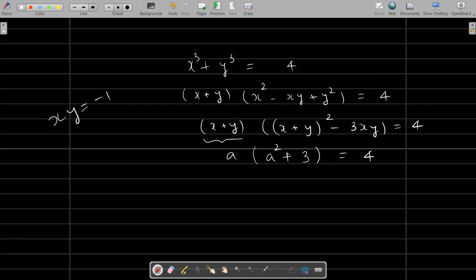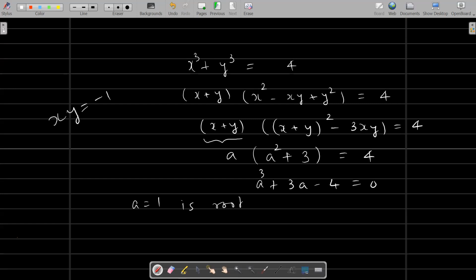So from here we can clearly see a equal to 1 is a root. But that will be one root, right? So for the other two roots, we can divide by a minus 1. So it's a cubic then: a cube plus 3a minus 4 is 0, and you see a equal to 1 is clearly a root just by inspection.